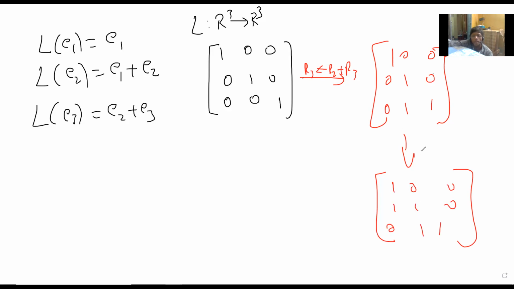So you come from here to here by row transformations. What does that mean? This is the identity matrix, but let's call it A and this is B. It means that with A, you multiplied the corresponding row transformation matrix, and then another one, and you got B. What is this B? This B is essentially what L is doing.